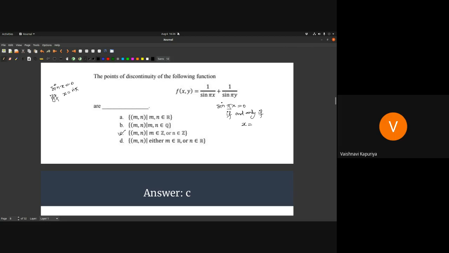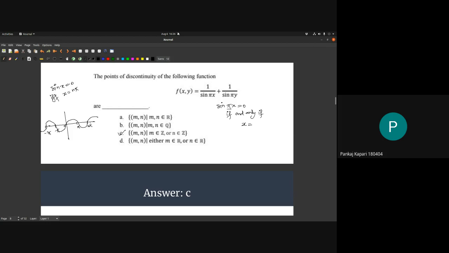We all know the graph of the sine function. So pi, 2 pi, then the origin 0, then minus pi, minus 2 pi, and this graph is an oscillating graph, right? Like this.